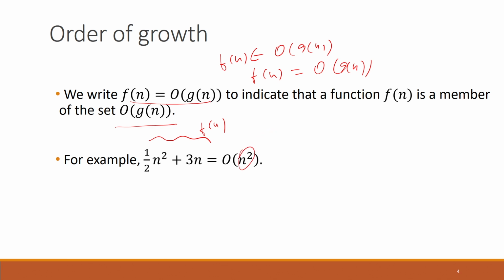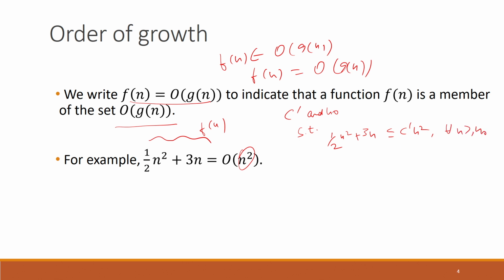We need to prove that there exist c dash and n naught such that half n square plus 3n is less than or equal to constant c dash times n square for all n greater than or equal to n naught.